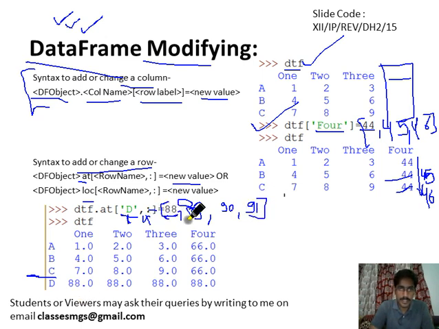Then 88 will come, instead of this 88, 89 will come, instead of this 88, 90 will come, and instead of this 88, 91 will come. So this is how you can add a new row. The question may be asked in the exam to write a Python code to add a new row or a new column into this particular data frame. So keep that in mind.